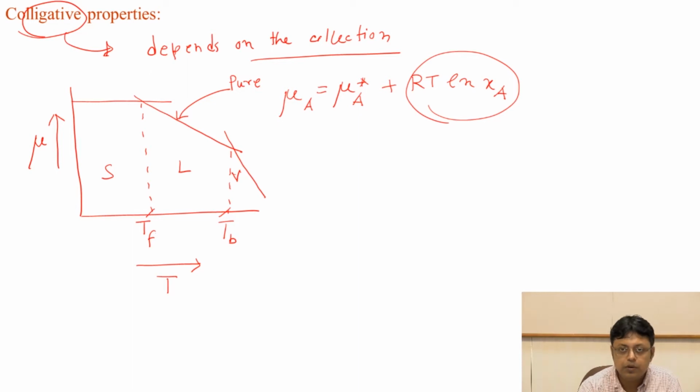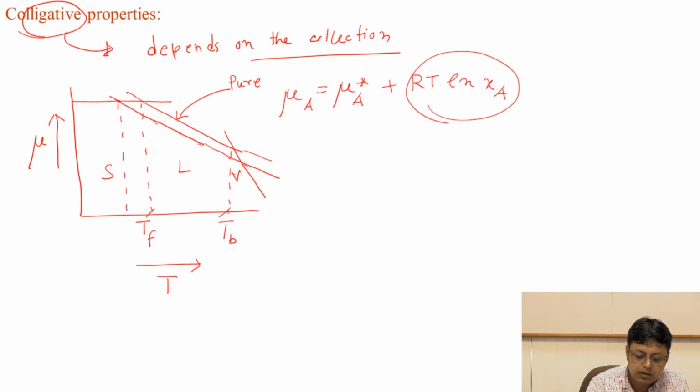So if this curve is for a liquid in pure form, in the mixture we'll have a new curve for the liquid which will lie below this curve, because the chemical potential is now less. So what you see here is that this curve now crosses the solid curve, which means the freezing point now is here after addition of the salt.